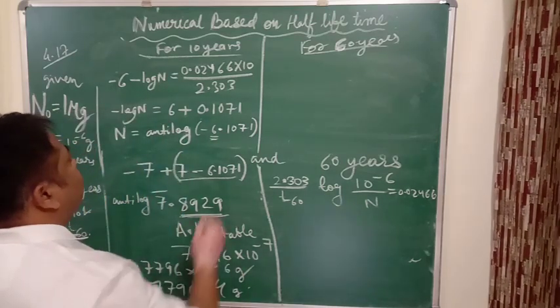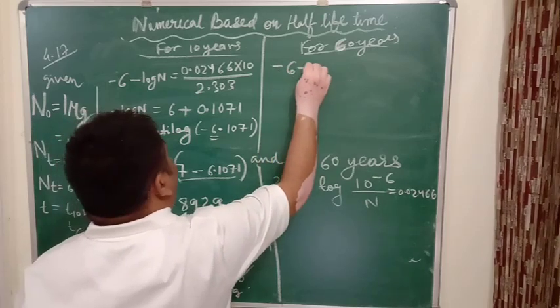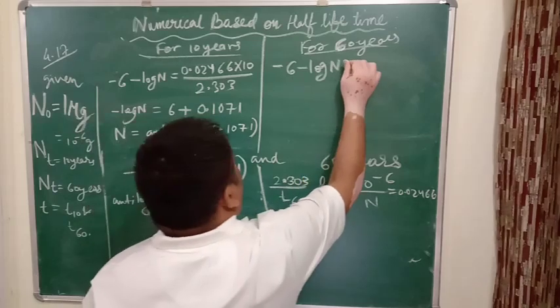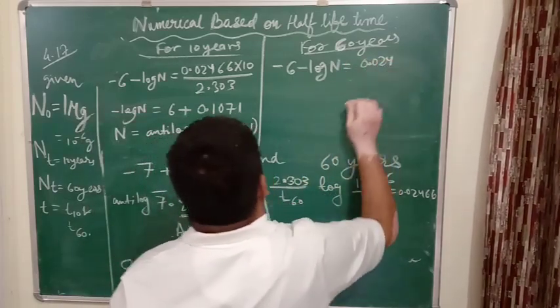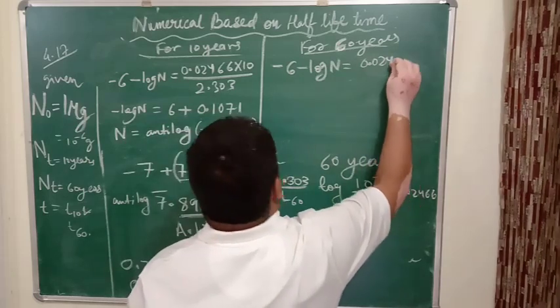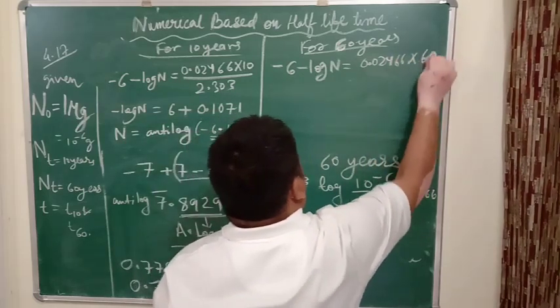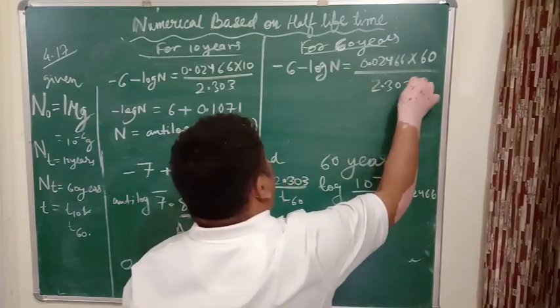What we will do is minus log 6 minus log n will be equal to 0.02466 into 60 divided by 2.303.